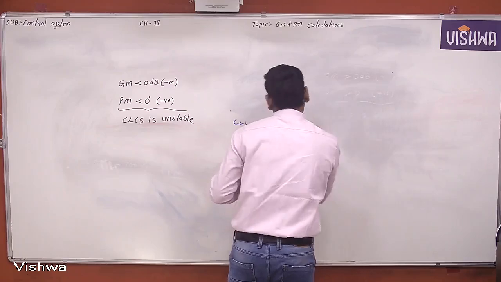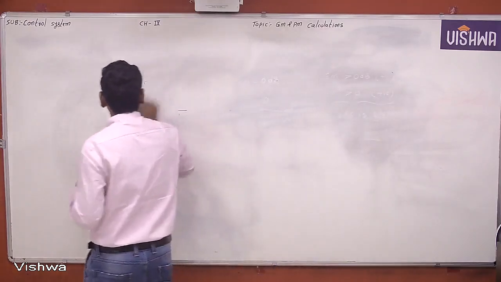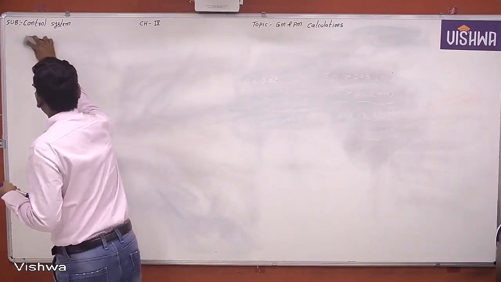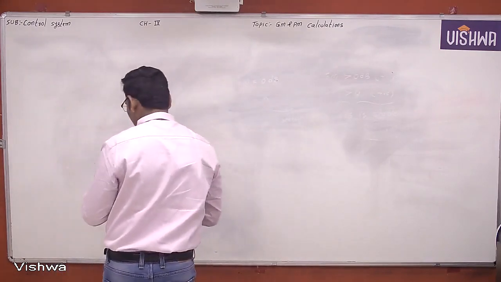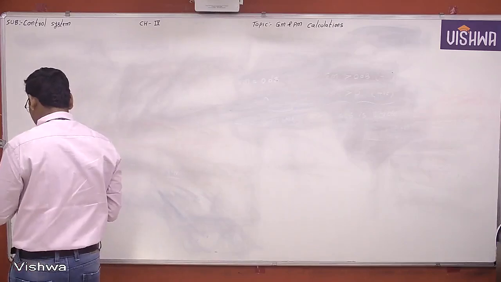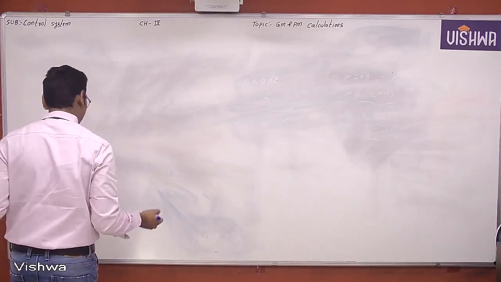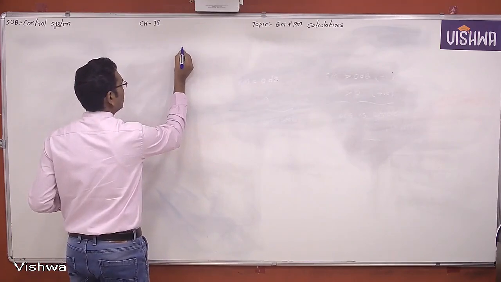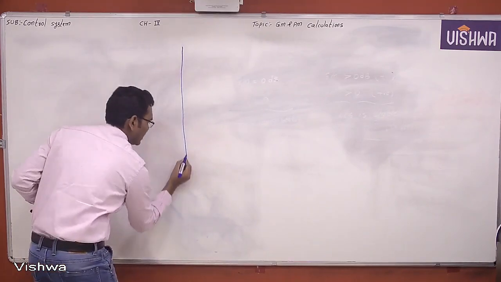Now, you find the gain margin and phase margin, and from that you decide the closed loop control system behavior. Now let us see here. Now let us give one small example such that you can easily understand.